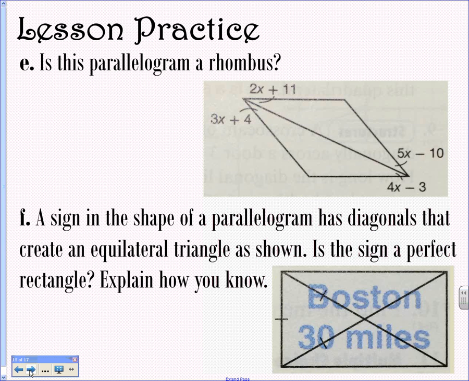All right, last one. A sign in the shape of a parallelogram has diagonals that create an equilateral triangle as shown. Is the sign a perfect rectangle? And explain how you know.